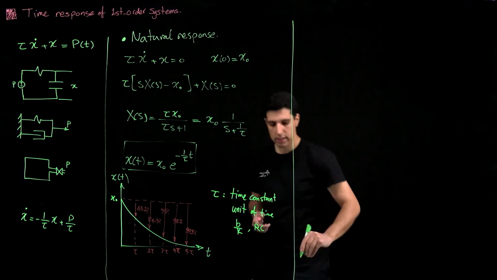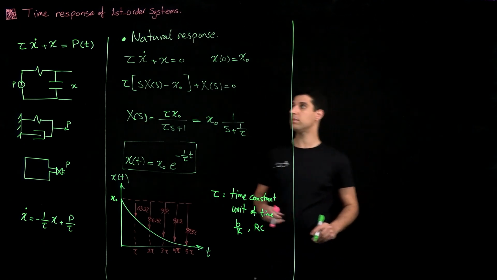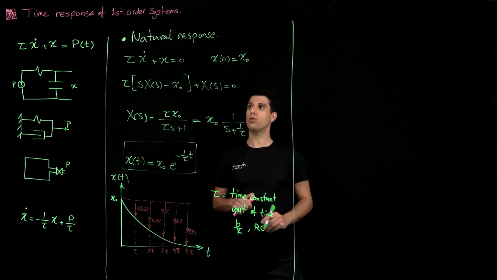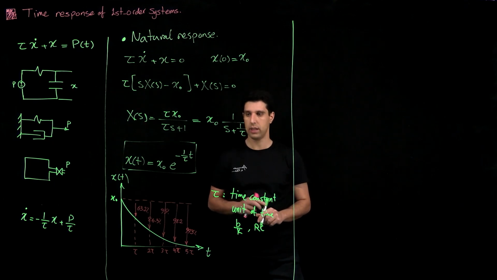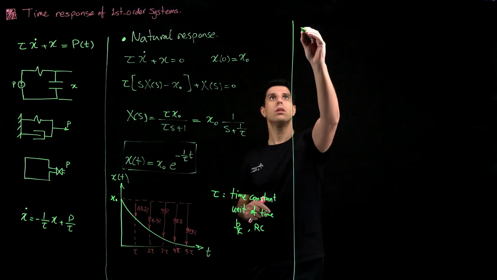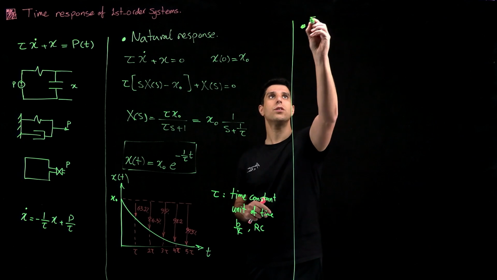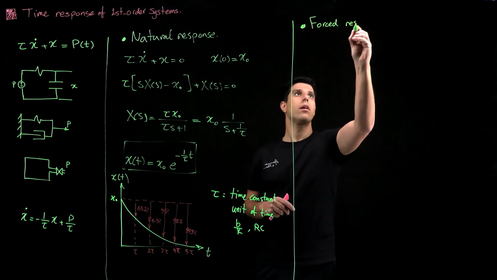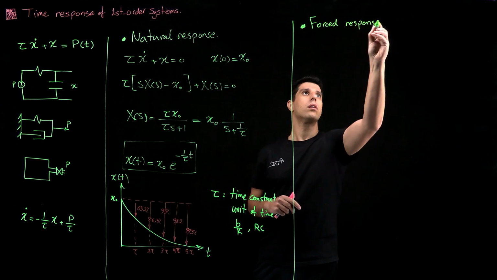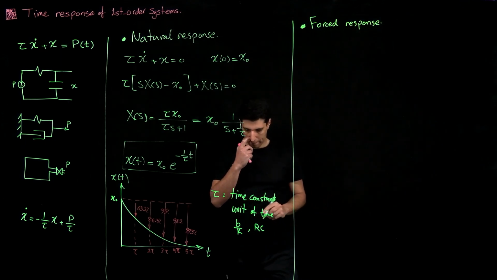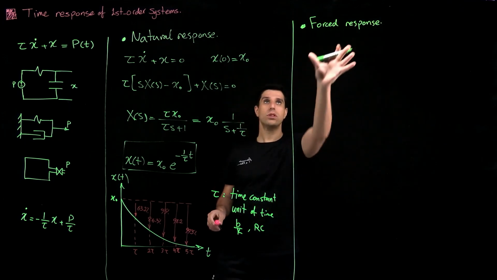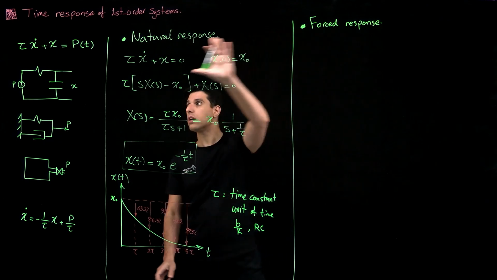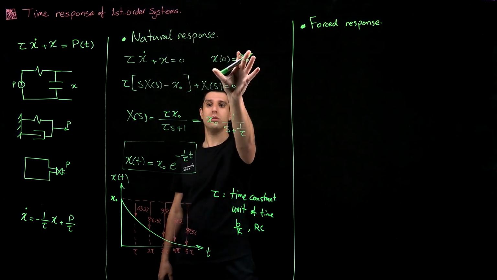So that is the response of the system only due to its initial condition. The next thing we can do is to look at the forced response. So in forced response, we take the initial condition to be 0.